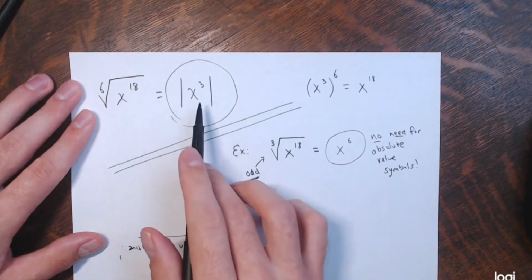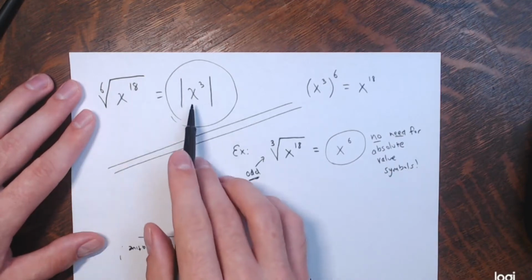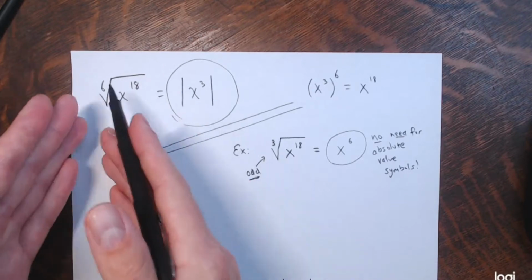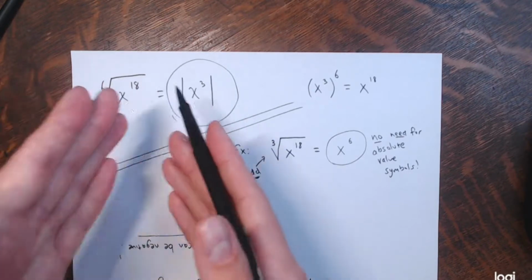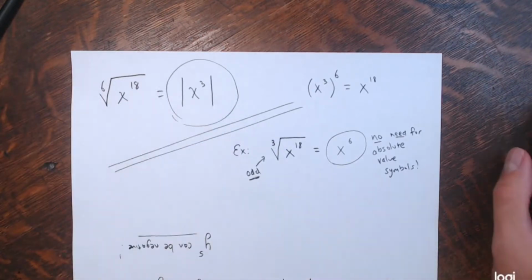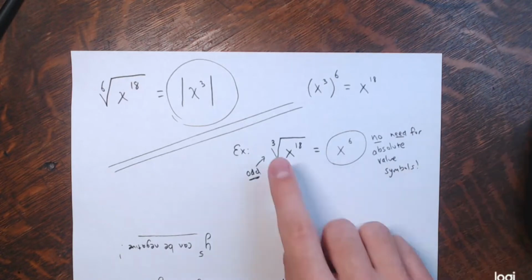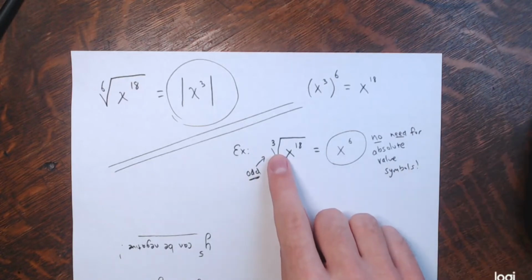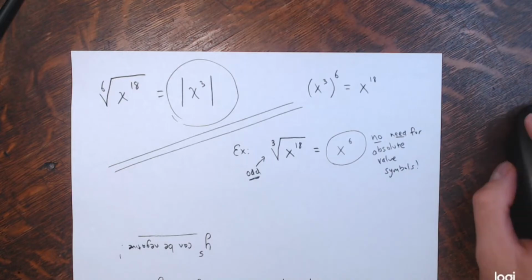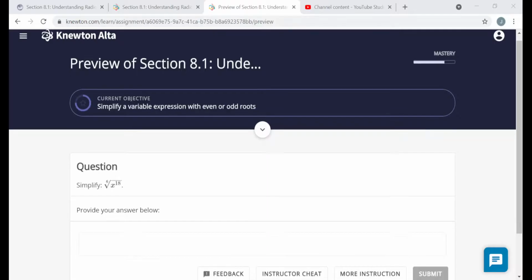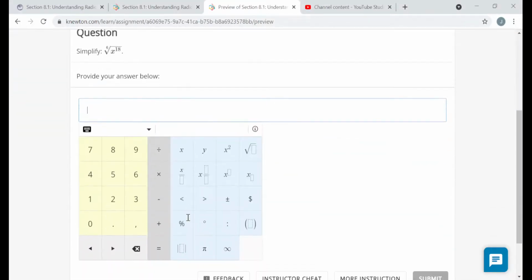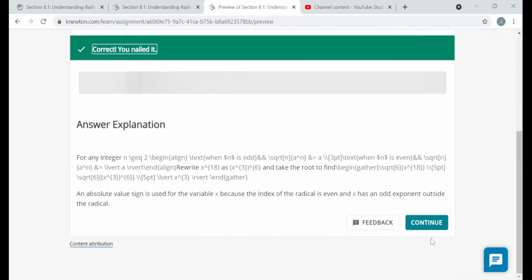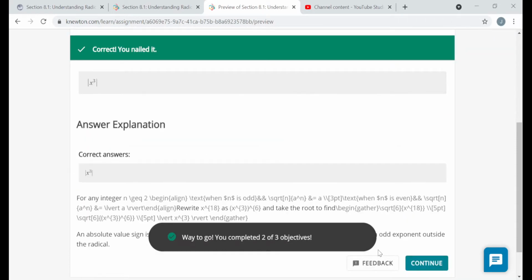You may need them with the even root, just again to ensure that you're giving the principal, the non-negative even root. All right, so understand that you may come across odd root problems. Just be aware of that. So back here, once again, absolute value of x cubed, x to the third inside the absolute values there. Okay. Wonderful.